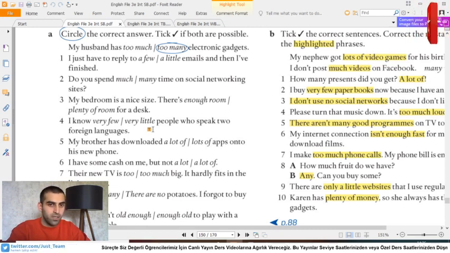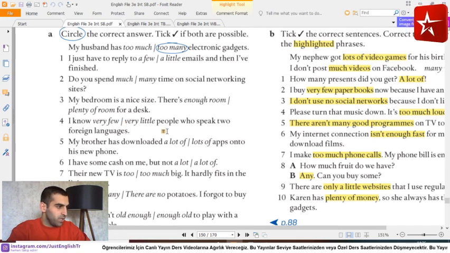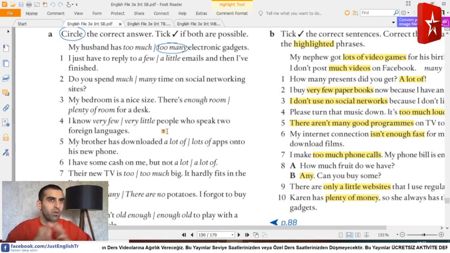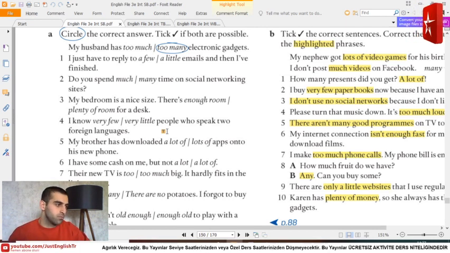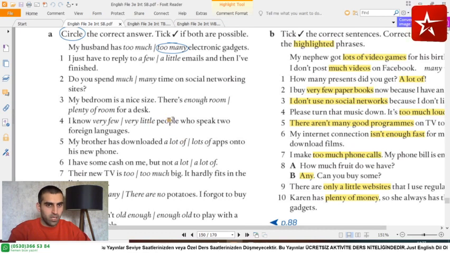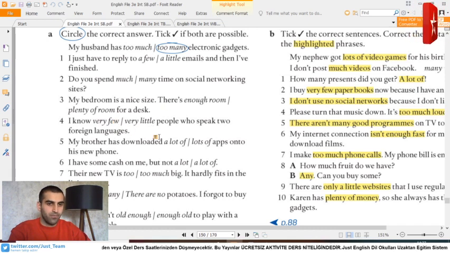We cannot use very little because people is a plural noun, a group of people. So it's a countable noun. That's why we can use very few, not very little.